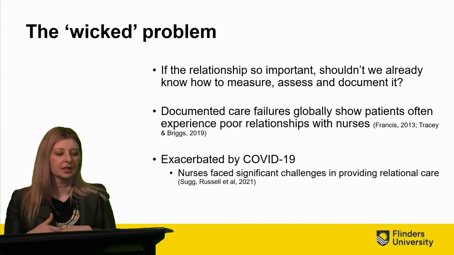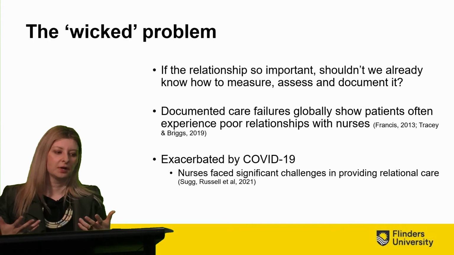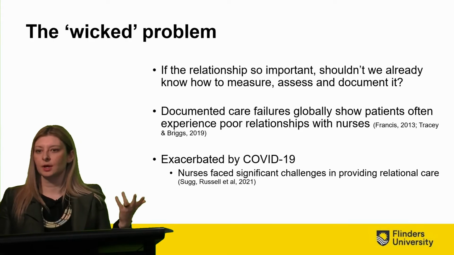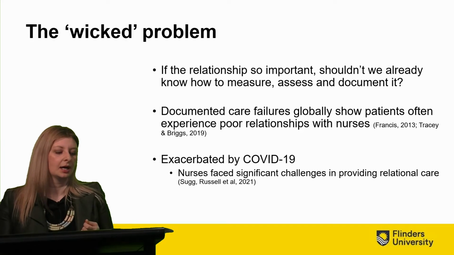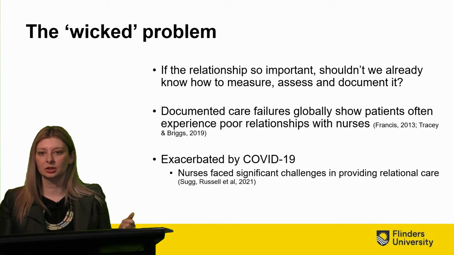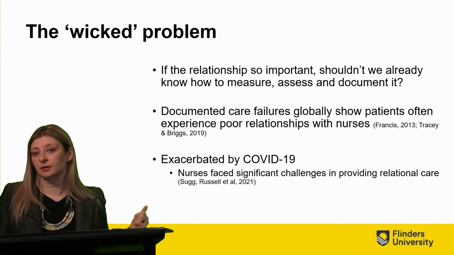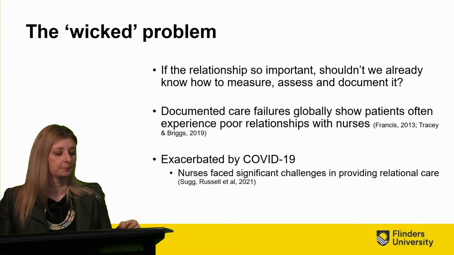And of course, those difficulties were very much underpinned by the use of personal protective equipment, staff shortages, high patient acuity, and of course, many nurses being afraid of actually contracting the illness as well.